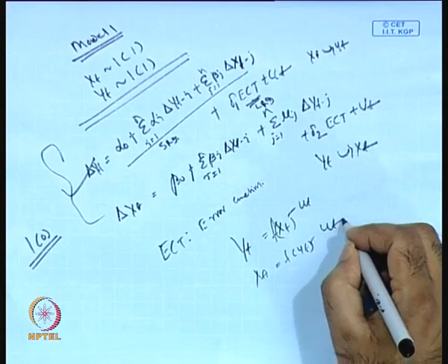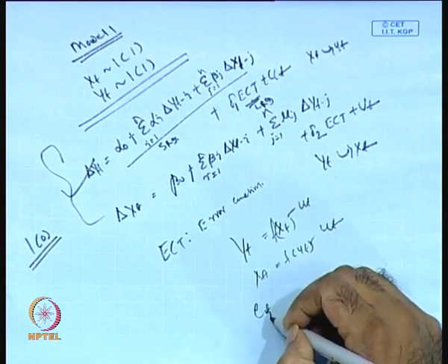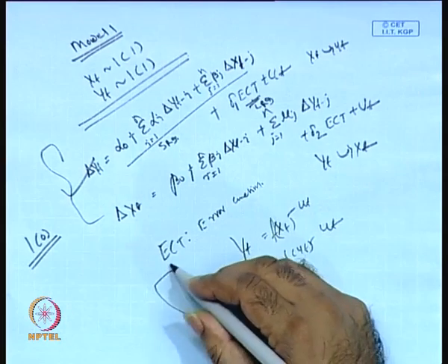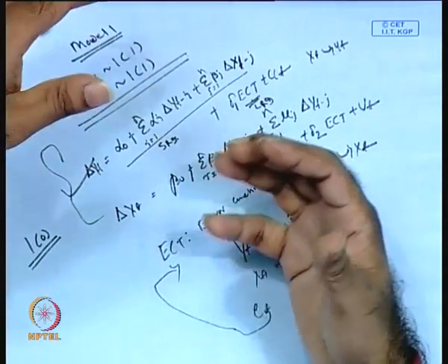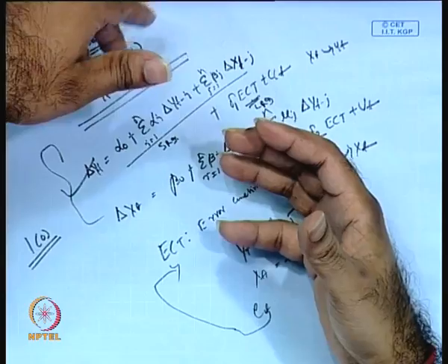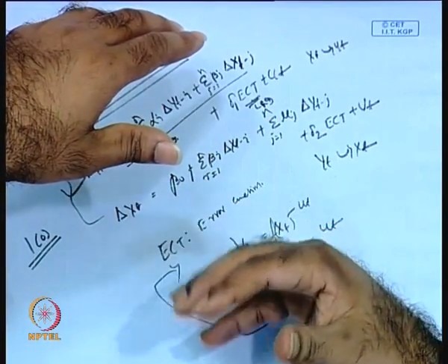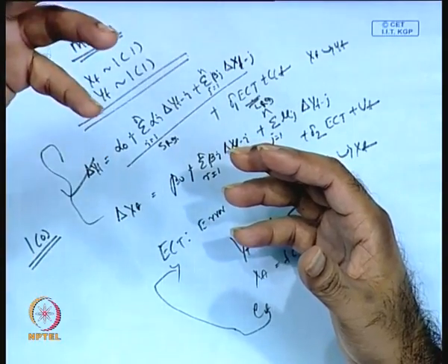Once you get the error term, that error term will be considered as the error correction term. Again it has to be inserted in a particular equation, then you have to check the impact of ECT on this particular variable at the first difference level.